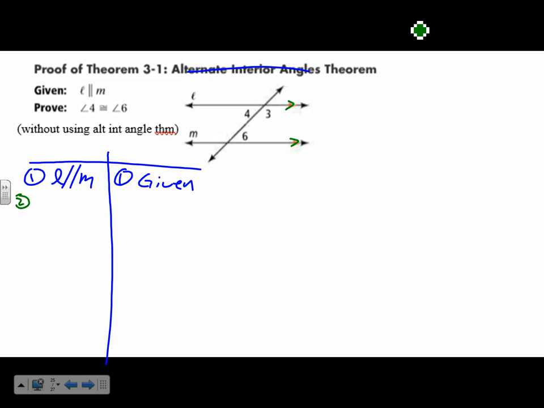Angle 4 plus angle 3 is equal to 180. I know that because of the linear pair postulate. Angle 4 and angle 3 make a straight line. That means angle 4 and angle 3 are supplementary. That's the definition of supplementary.